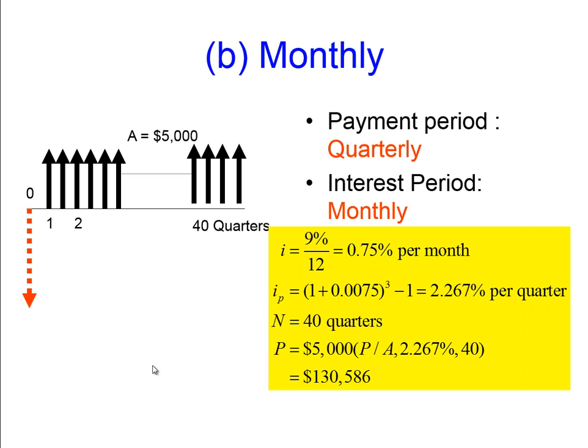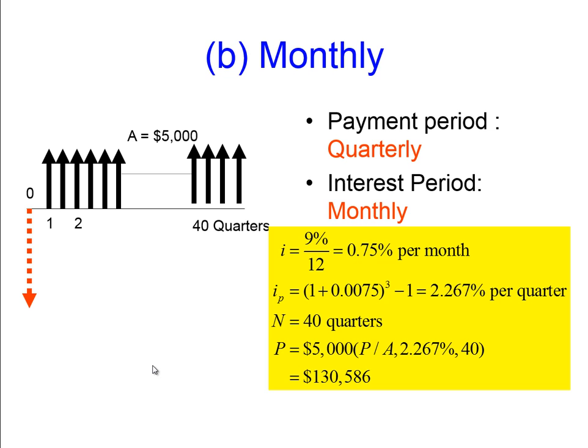If it's monthly, then we have 3 interest periods within the quarter. So first I have to divide the 9% by 12, and I will get the monthly percentage, which is 0.75%. Then I will use the formula, and I will find I effective, which will equal (1 plus 0.75%) all to the power 3 minus 1.